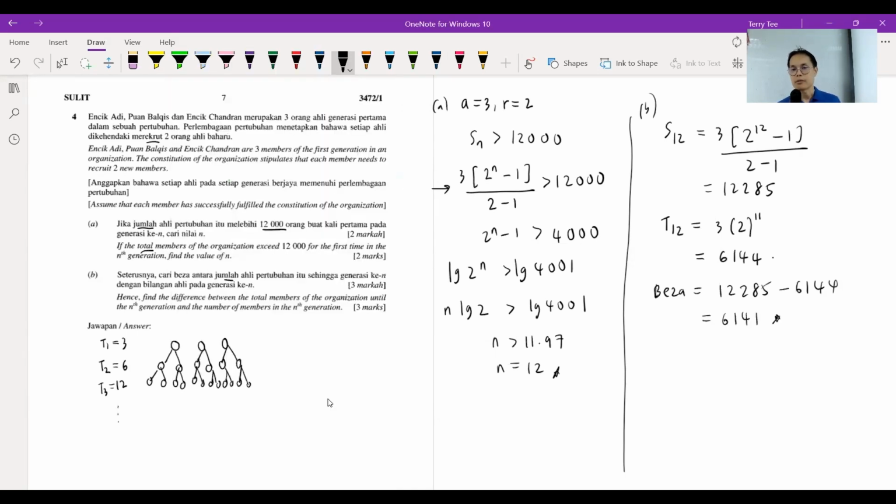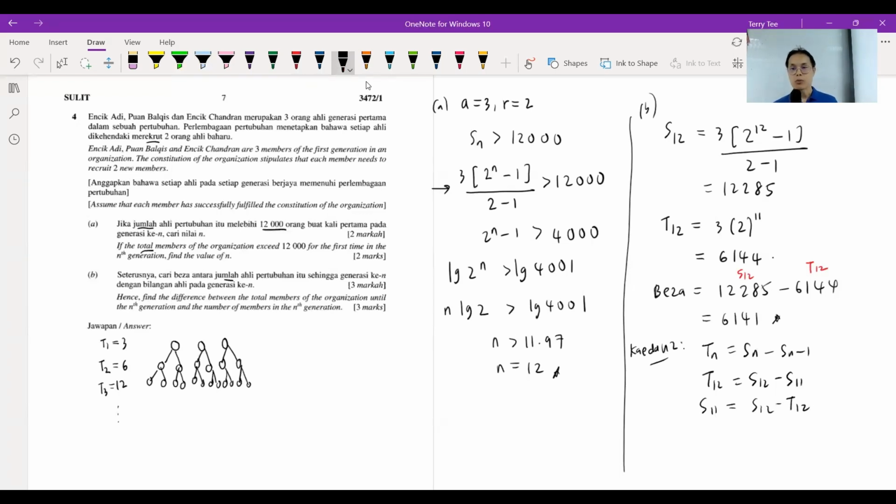Okay, there is an alternative to this method. Let's put kaedah 2, the second method. We know that Tn equals Sn minus Sn minus 1. So if you want to find T12, we can say it is S12 minus S11. Now, here we are finding the difference between S12 and T12, right? So we can just bring this S11 to the left, bring the T12 to the right-hand side.